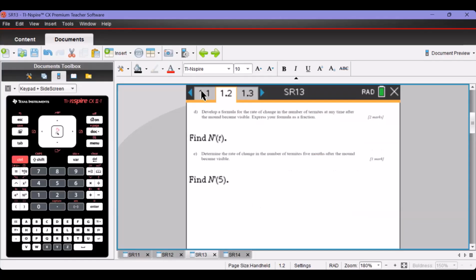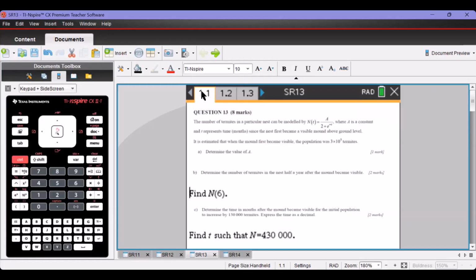In a lot of these parts, in fact, in all of these parts, we are going to be using either n of t or the derivative n dashed of t. So in a question such as this, it's a really good idea to start by assigning n of t.